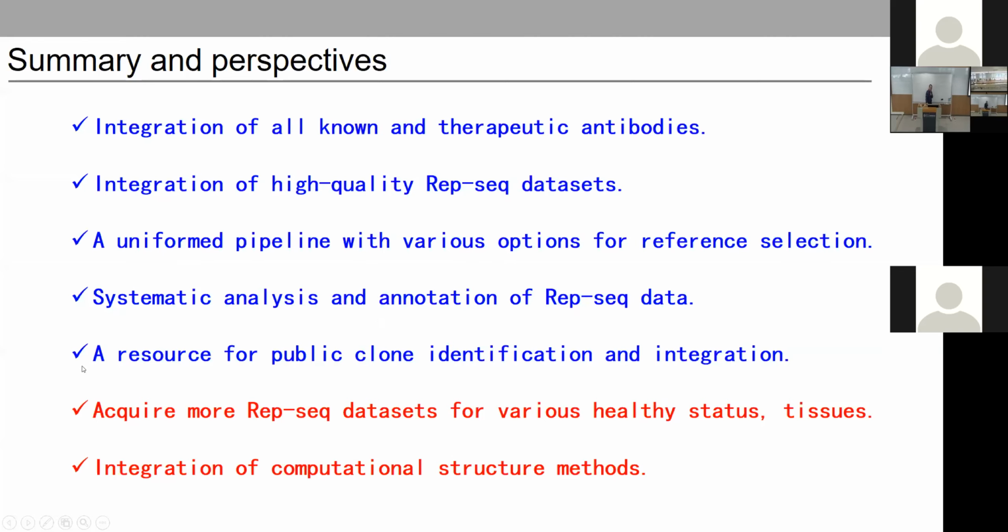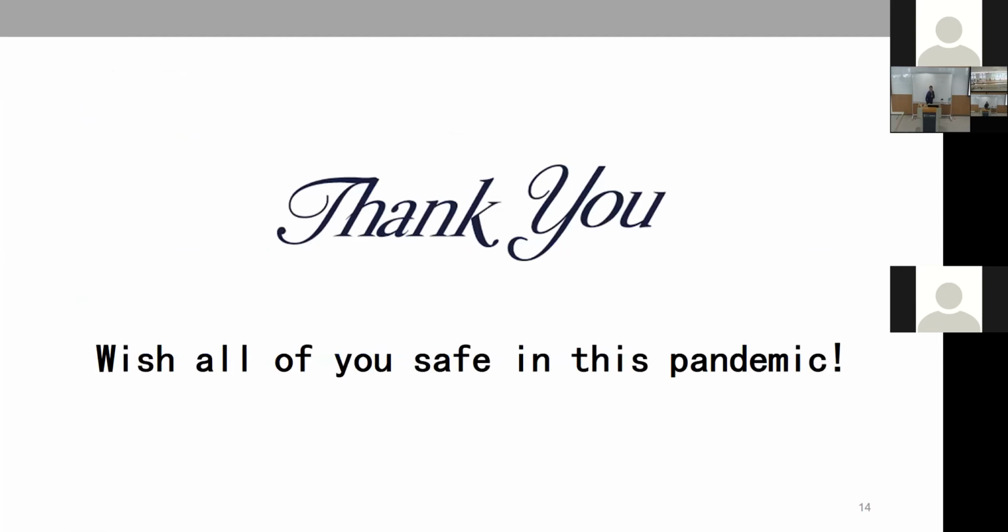That's a good resource for public clone identification and integration. In the near future, we'll acquire more Rep-seq data sets for various health conditions, diseases, and tissues, and we'll probably also integrate computational structure methods to identify therapeutic clones and virus neutralizing clones. Thank you.